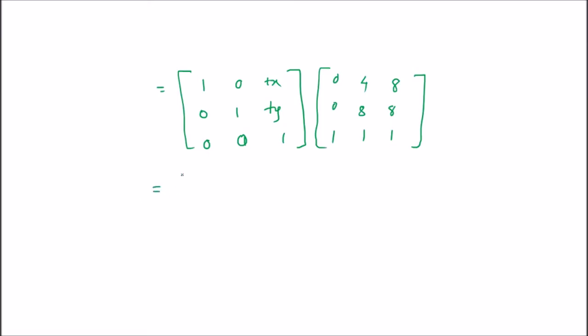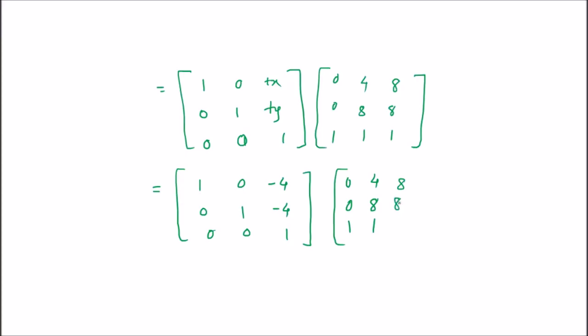So tx, ty: 1 0 minus 4, 0 1 minus 4, 0 0 1 multiplied by the values 0 0 1, 4 8 1, 8 8 1.